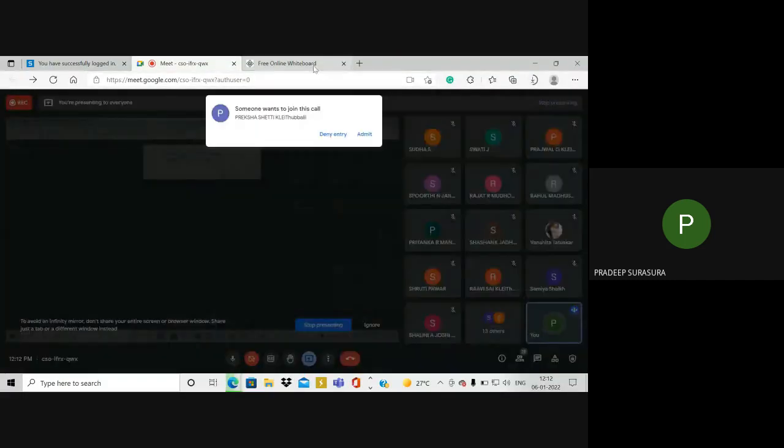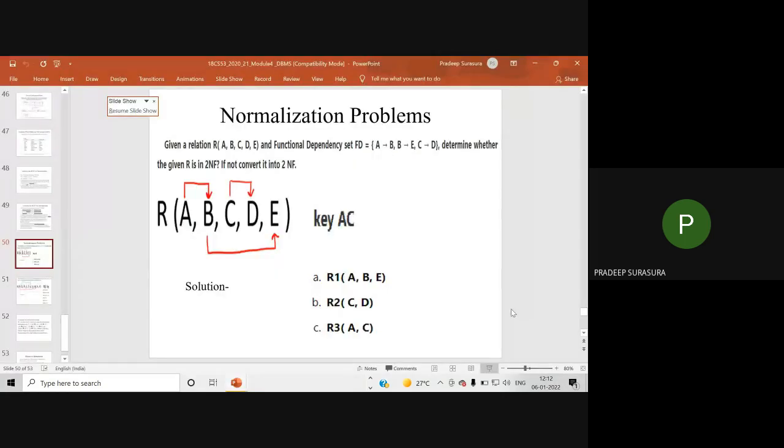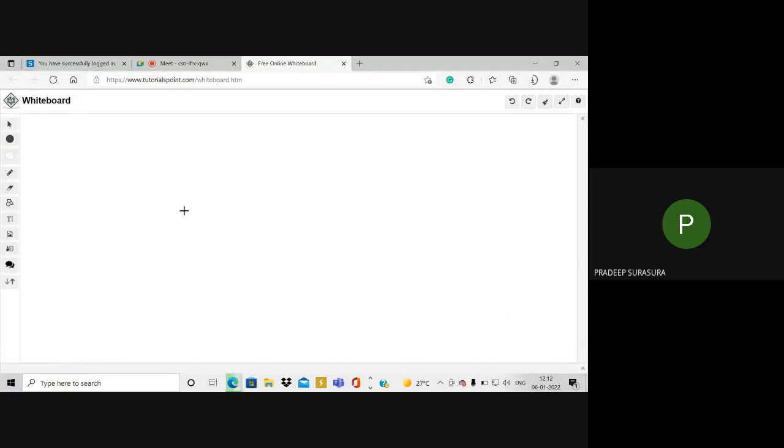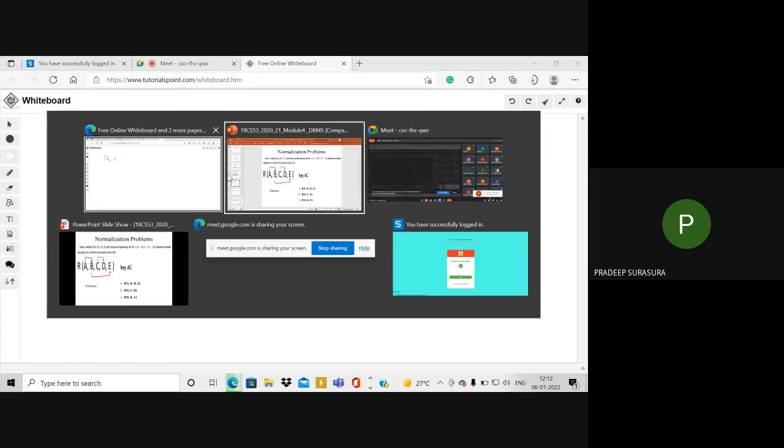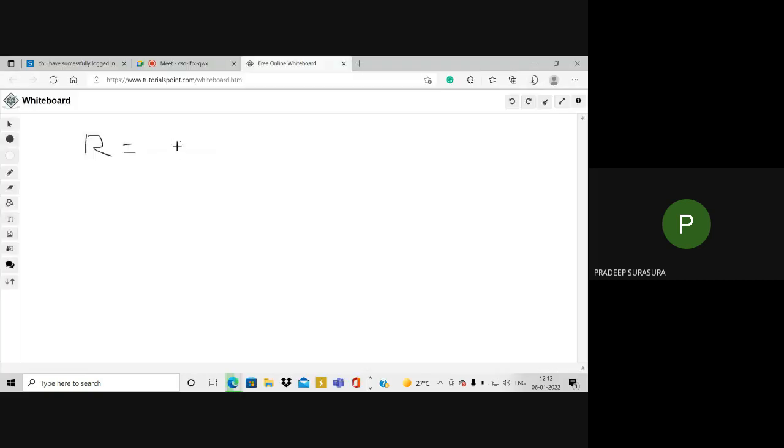So first, I have the problem. So let me write the problem here, like R is equal to A, B, C, D, E. Okay, so R is given like this. FDs, I have three problems to solve.